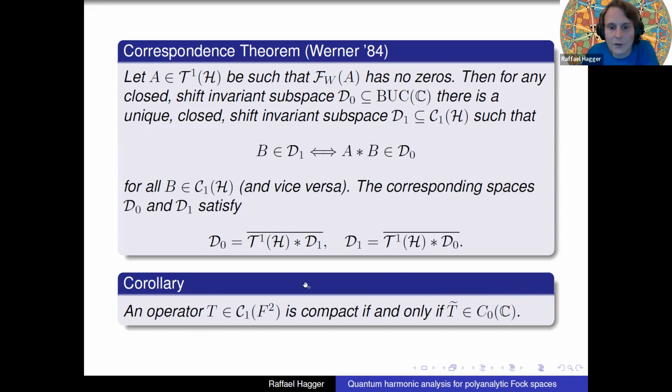Now, that's almost the same result, and was almost already known by Werner. You have to work a little bit more to show that this is actually equal to the Toeplitz algebra. I didn't tell you yet, but one can show, again with some quantum harmonic analysis techniques, it's actually just a couple of lines, that in this case, for the Fock space, this is actually just the Toeplitz algebra.